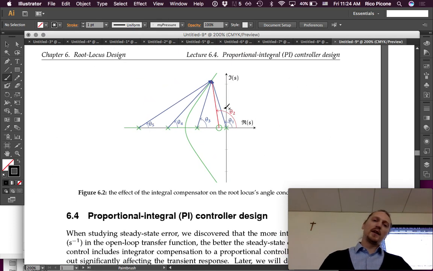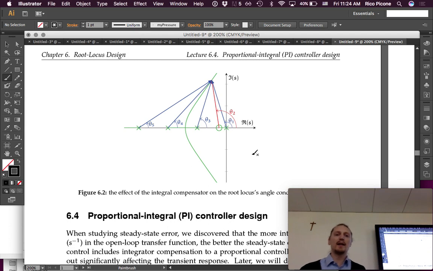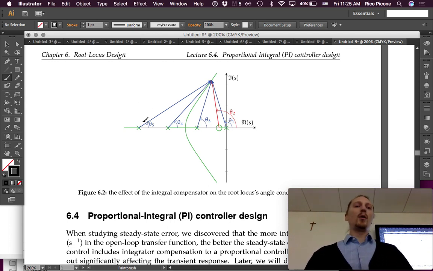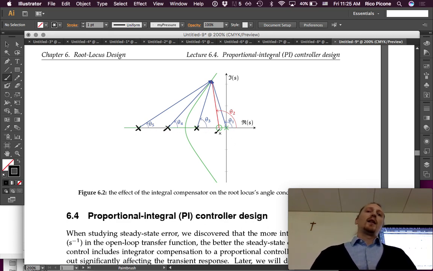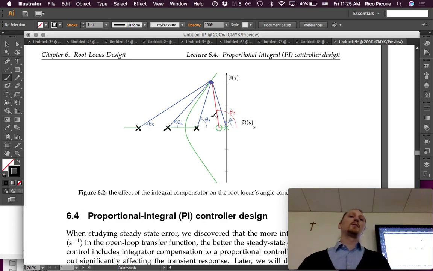So let's look at this figure. Say you had a system that just had 3 poles in the open loop originally. So this pole, and this pole. And you drew its root locus. We're ignoring these two for right now. We're going to march along the real axis. No locus, no locus.